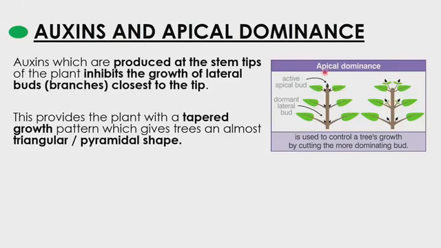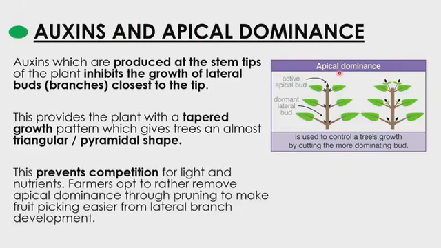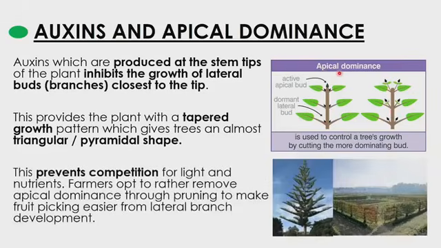And we no longer have a triangular appearance, but we start to get a bushier plant. So obviously, like we've said, that will prevent competition for sunlight. This is the ideal situation that we want: the plant looks like a triangular pyramid from a distance.